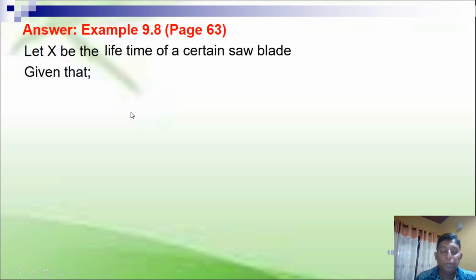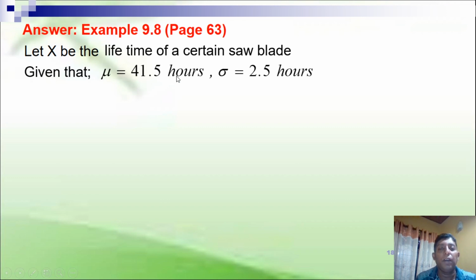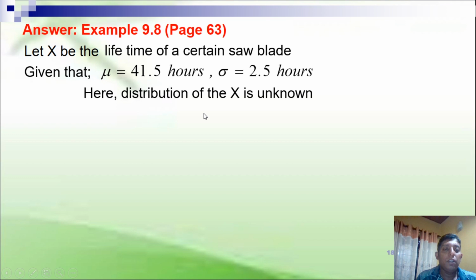Write down the given information. Here the mean value of the population is 41.5 hours, with a standard deviation, which means the variance is known, of 2.5 hours. Nothing is given about the distribution of these measures, therefore the distribution of x is unknown.